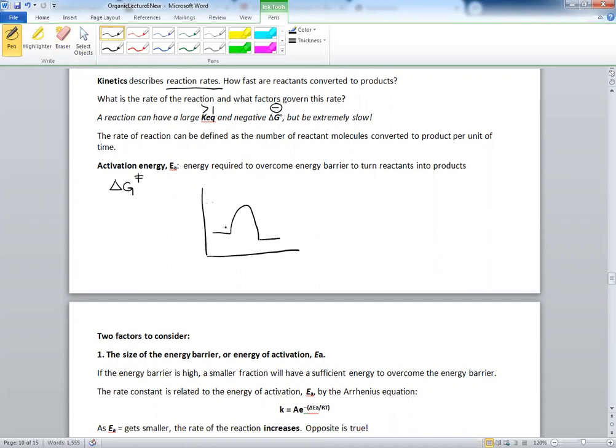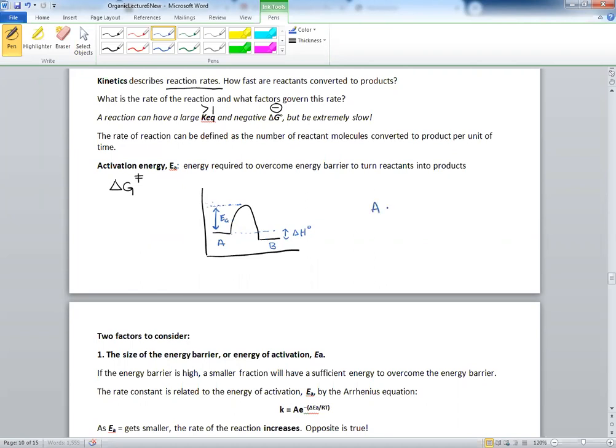So if you want to turn A into B, these are your reactants, and these are your products. Of course, there's a difference in energy. That's delta H or delta G. But if you notice this bump right here, in order for you to go from A to B, this requires lots of energy. That right here is your activation energy.